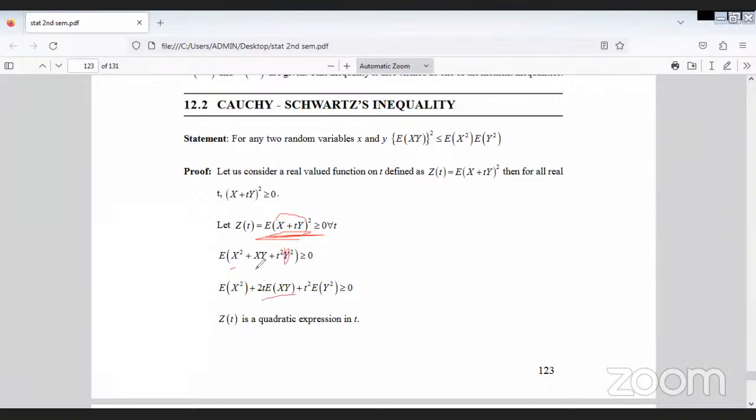What is the difference between XY and E of XY? Sir, it was a printing mistake, sir: 2ab becomes 2t XY. In place of XY, what have we written? E of XY. Clear? Yes, sir.